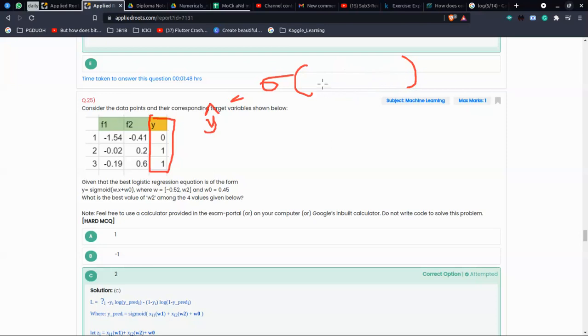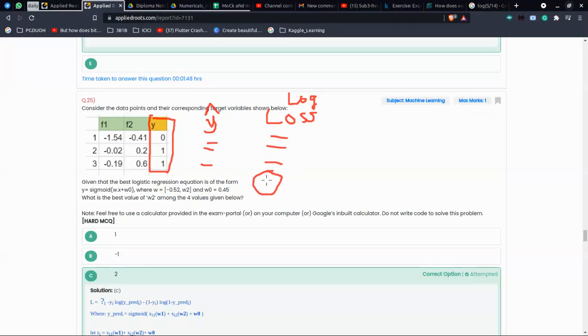Whatever answer I get, let's say it is z. So I will take the sigmoid of z. This will give me a value between 0 and 1. So it's nothing but the probability of class 1, the positive class. Now I know all the probabilities in this y hat. Now I can calculate the log loss, because in logistic regression we use the log loss. I will calculate this log loss for each observation. We have three inputs only, so I can calculate the log loss and find out how much loss I am taking.